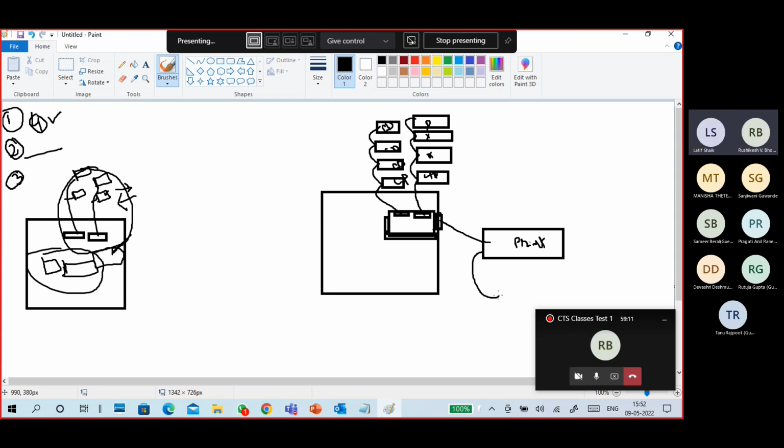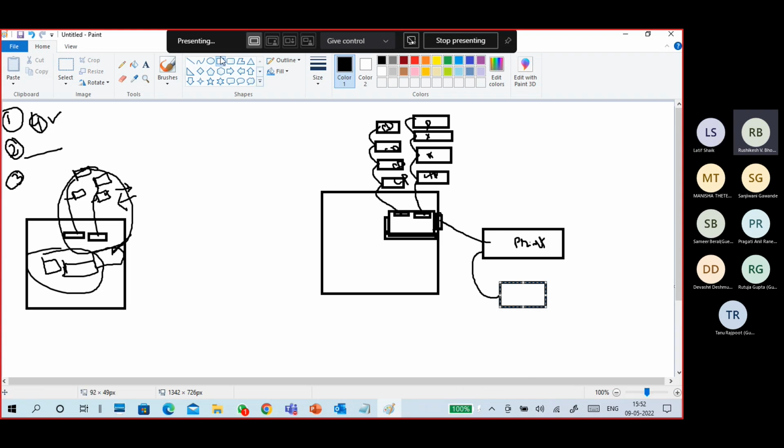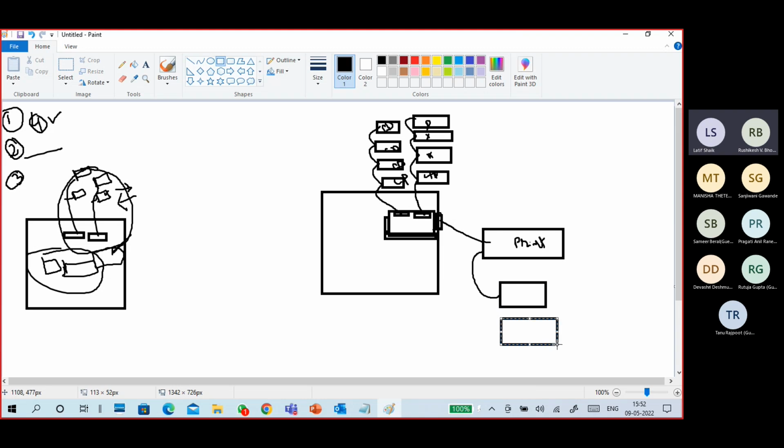I connect another printer, maybe a scanner, maybe an external hard disk. Like this, you can connect one device to another. So multiple devices we are able to connect.